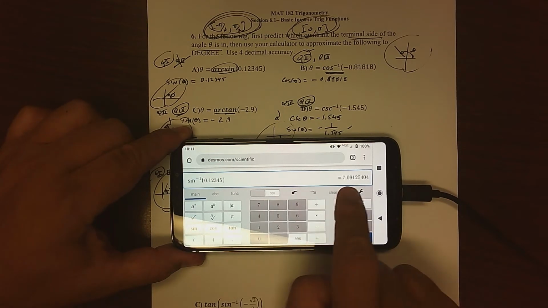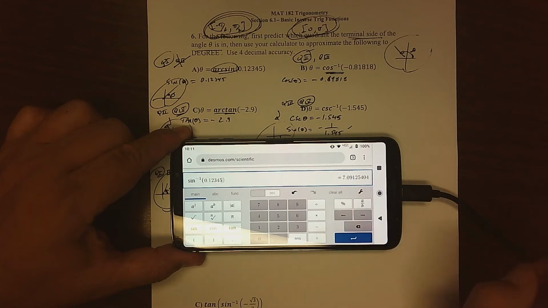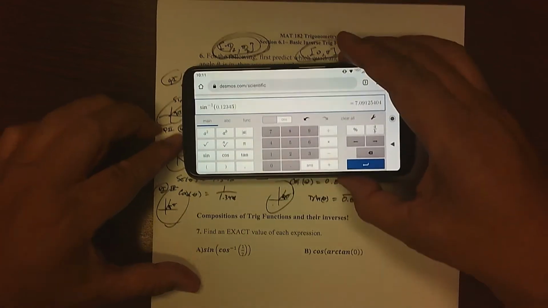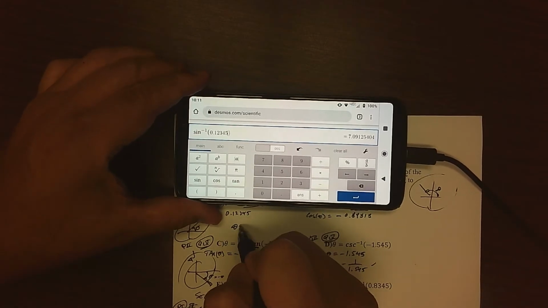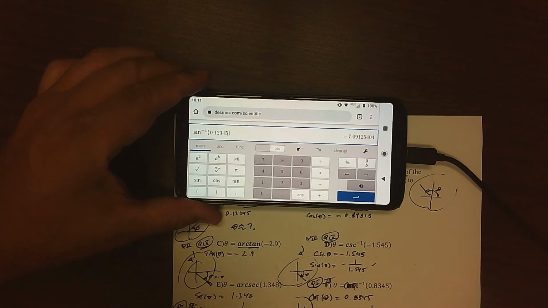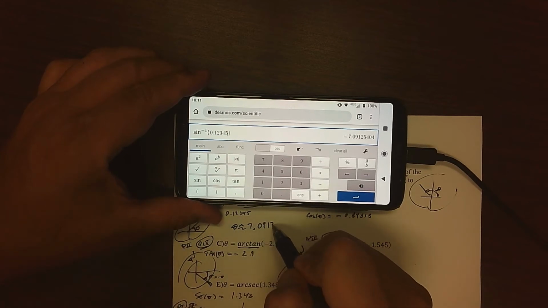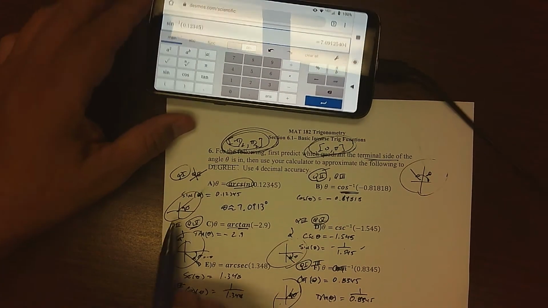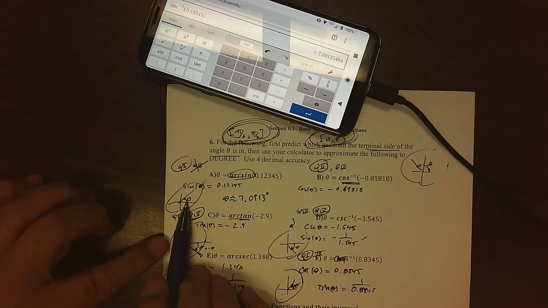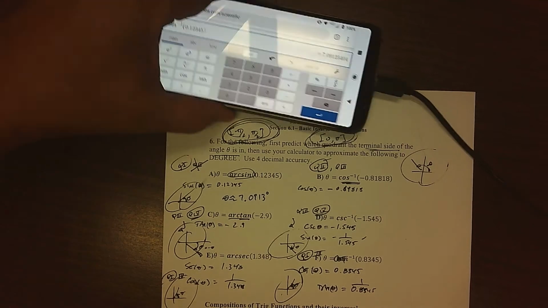This is in degree mode, so I'm getting 7.09, to 4 decimals. It looks like theta is roughly 7.0913 degrees. And that's what I was anticipating. I was expecting a quadrant 1 angle in that particular area.